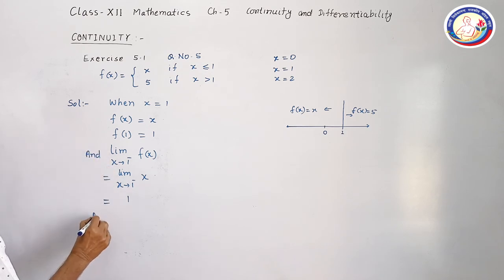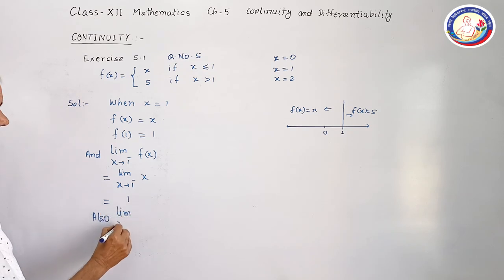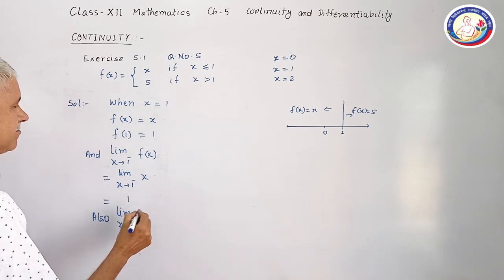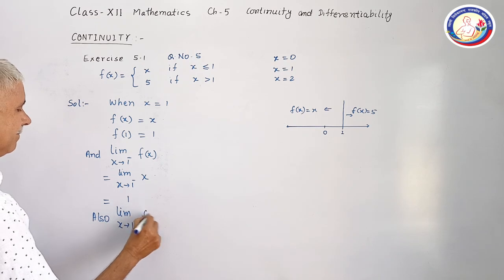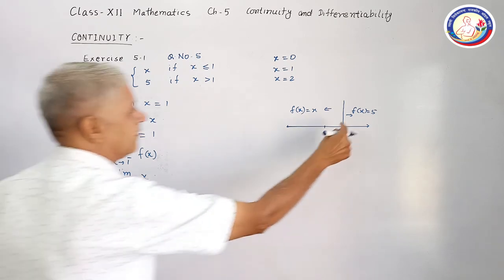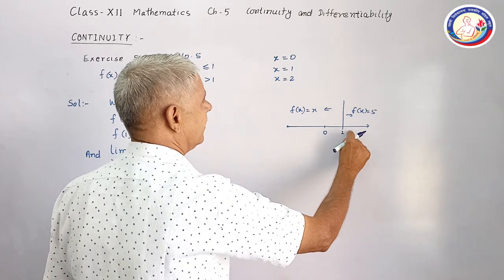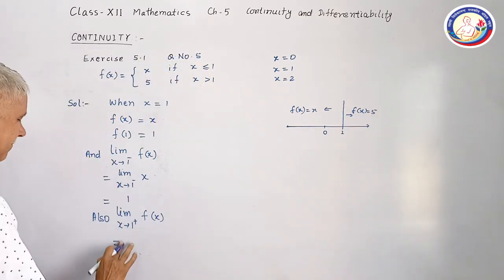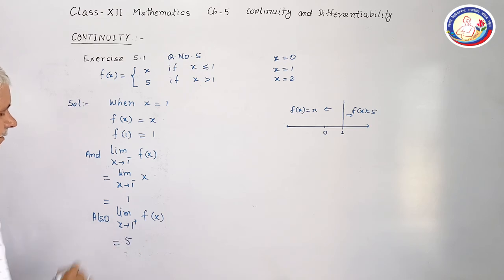Also, the limit as x tends to 1 plus, or right hand limit. Now what will be the function here? For values greater than 1, the function will be 5.